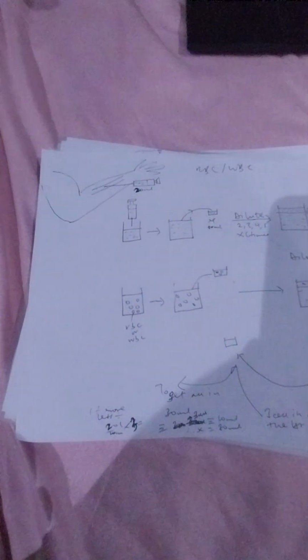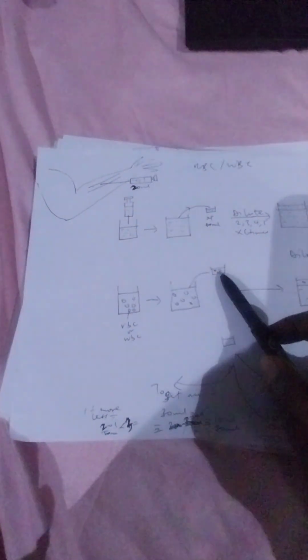If we take half of this, we'll have 10 mils, and all things being equal, because the 20 mils contains 6, if we take half, we should have 3, half of the 6, in this sample. So that's what we have.